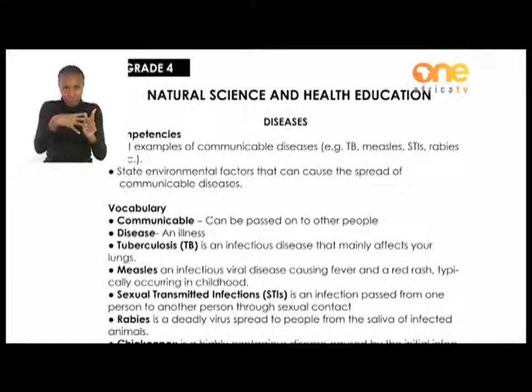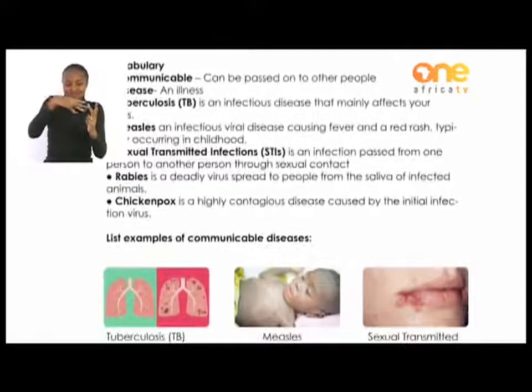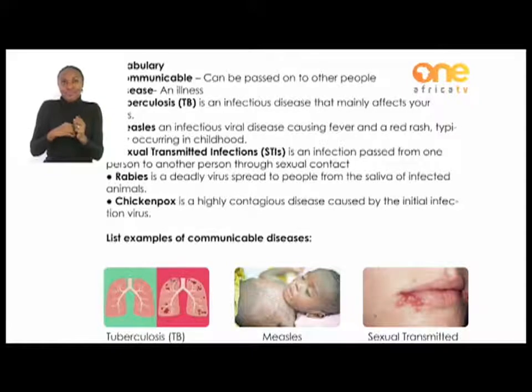During our lesson, we'll be using some new words that I want you to understand. Communicable can be passed on to other people. Disease and illness. Tuberculosis, which is TB, is an infectious disease that mainly affects your lungs. Measles, an infectious viral disease causing fever and a red rash, typically occurring in childhood.